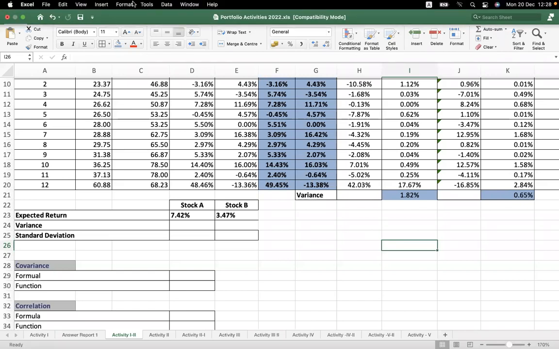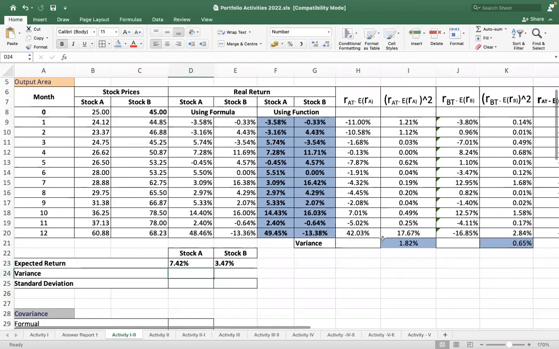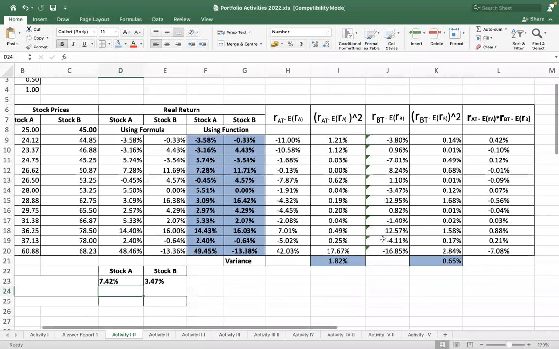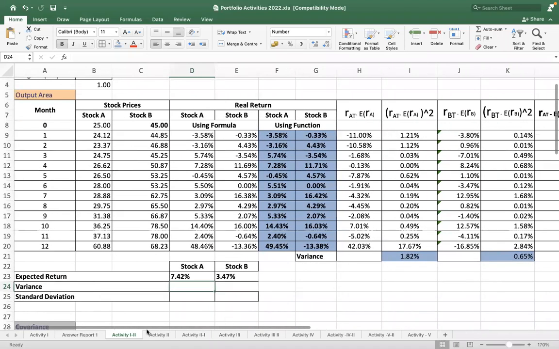Anything you need to write. This is the manual way we can calculate variance of each stock, right?